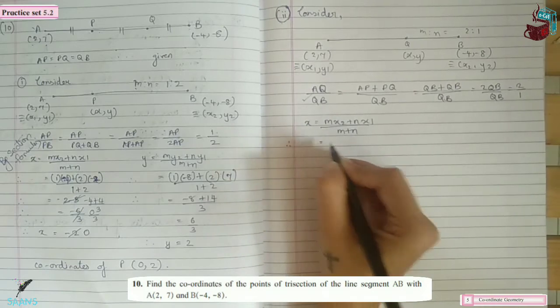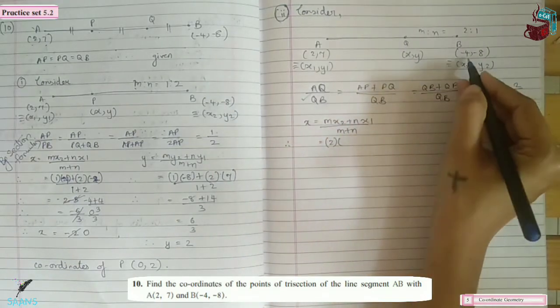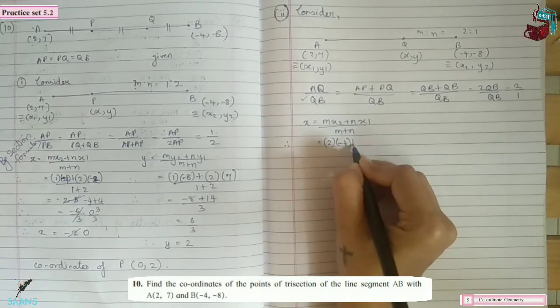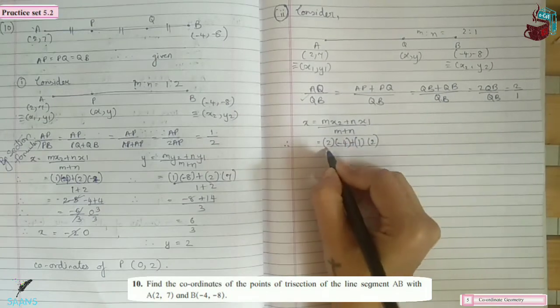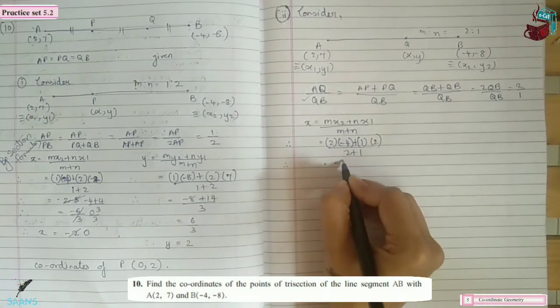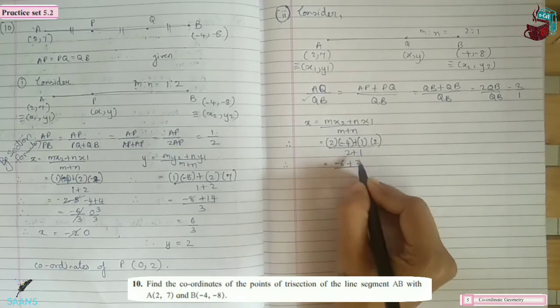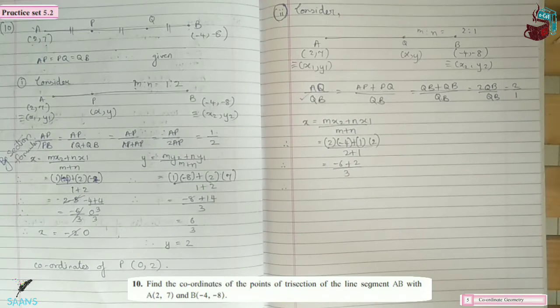Therefore, that is equal to m is 2, x2 is minus 4, plus n is 1, x1 is 2, upon 2 plus 1. Therefore, that is equal to minus 6 plus 2 upon 3. Is that correct?